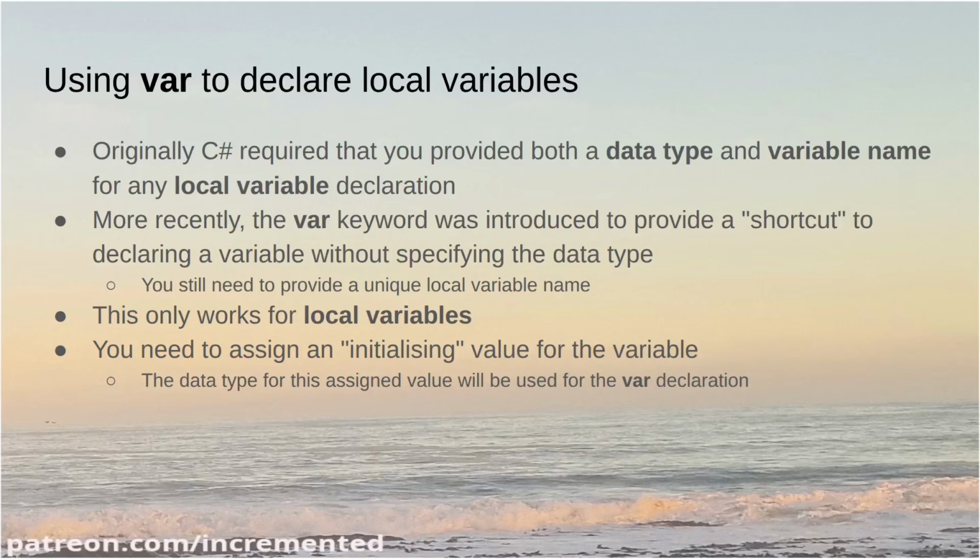For many years of C#'s development and evolution, all local variables had to have a data type and a unique variable name for their scope, for the place where they were declared.